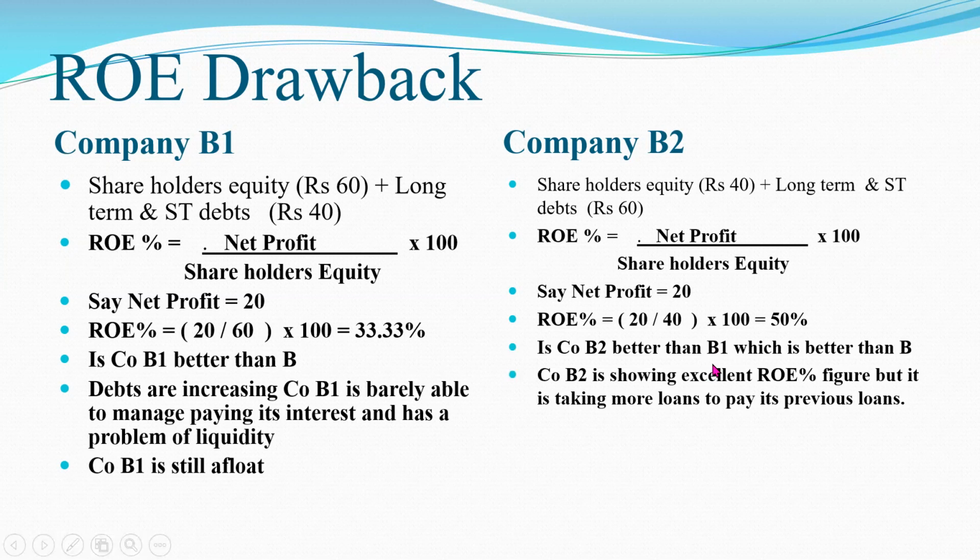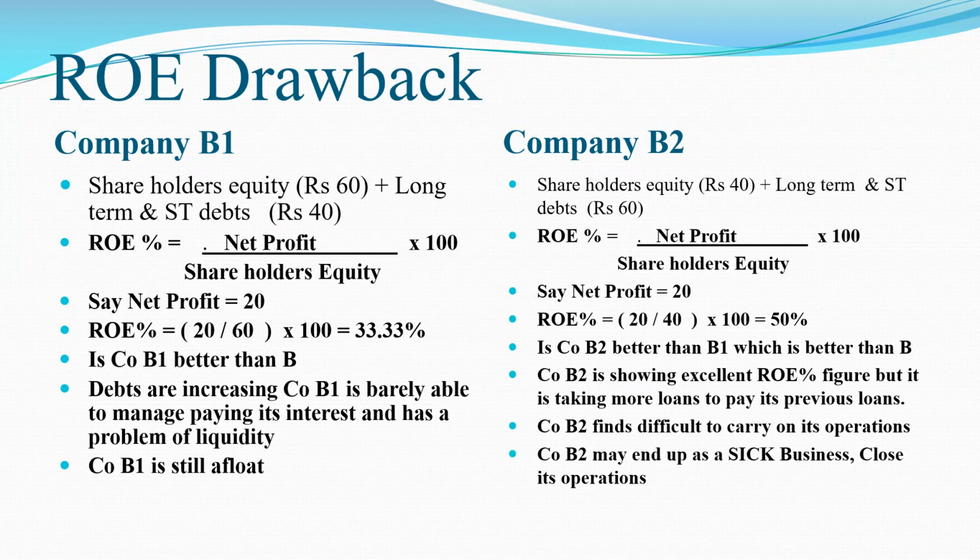I have some companies in mind, but I cannot name them. So company B2 is showing excellent ROE figure, but it has to pay more loans. Where is it going to pay the loans from? Is it having free cash flows? The company B2 may find it difficult to carry on the operations. The company B2 may become sick over a period of time.